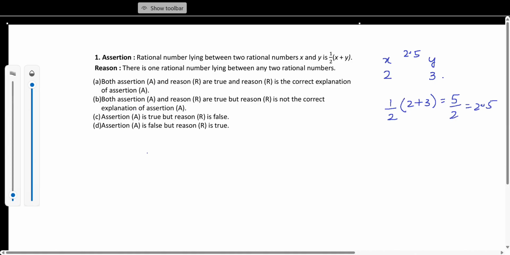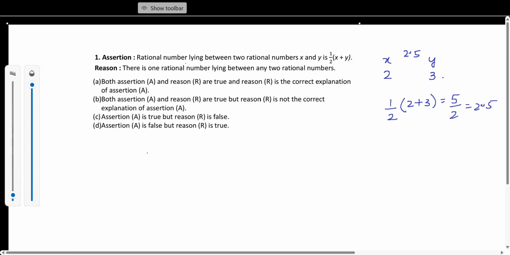Let's keep that aside. The reason: there is one rational number lying between any two rational numbers. Now, when we are introduced to this concept of rational numbers, one thing we know for sure is that this statement is definitely not right.